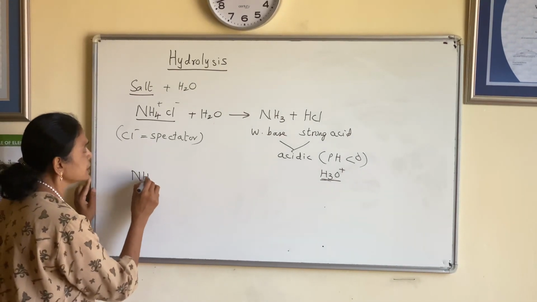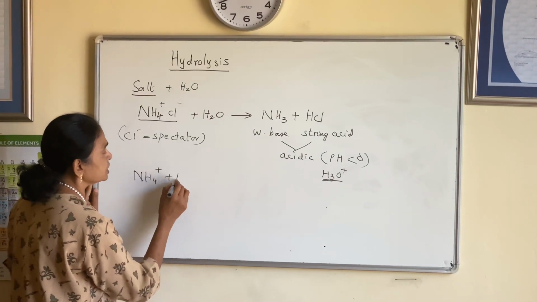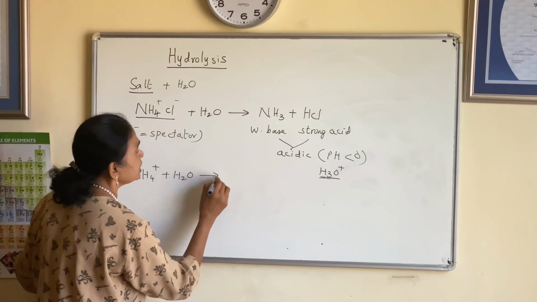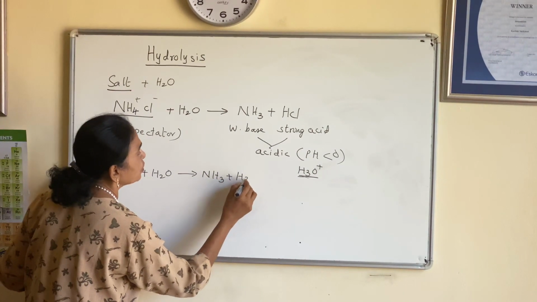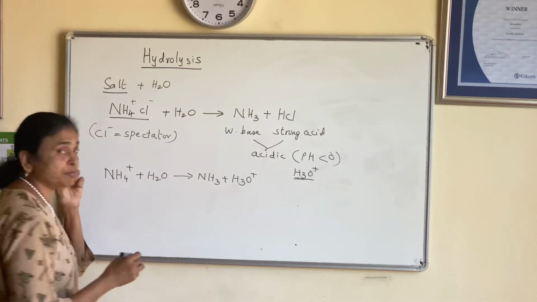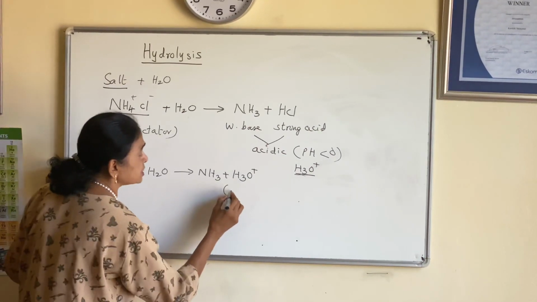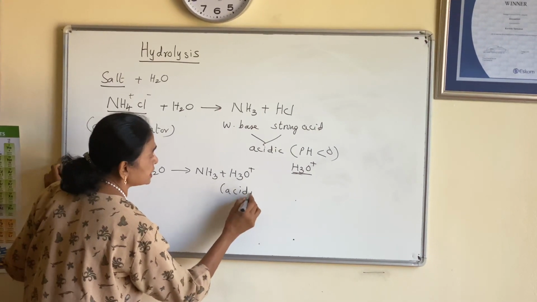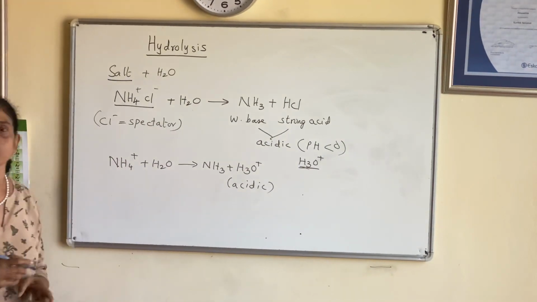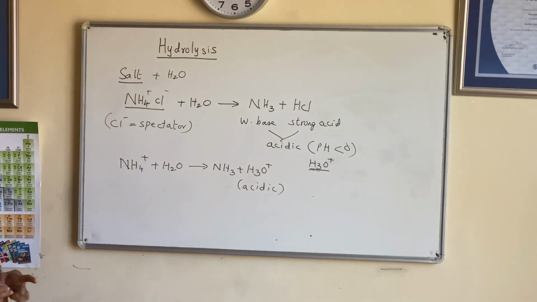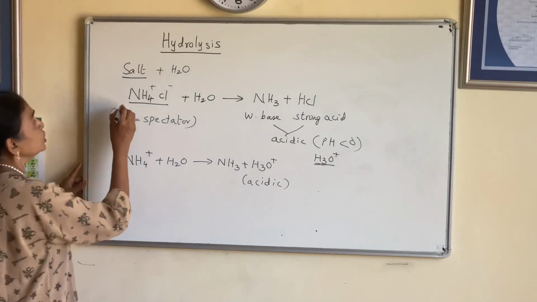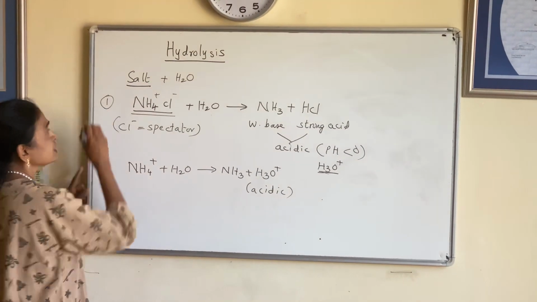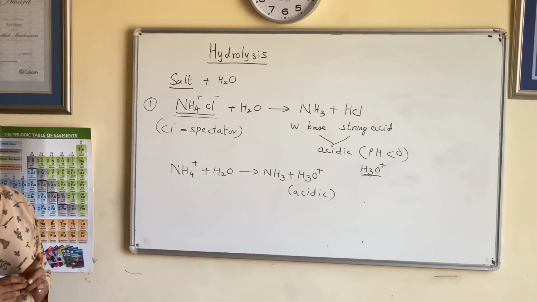NH4 plus water gives you NH3 plus H3O plus. Because it produces H3O plus, it is acidic. This is the equation that is expected. Normally they give 3 marks for this equation, so make sure that you understand this. This is number 1, hydrolysis of ammonium chloride.